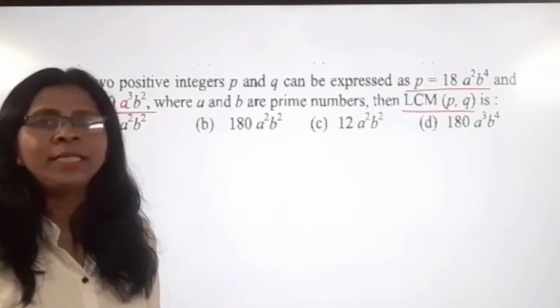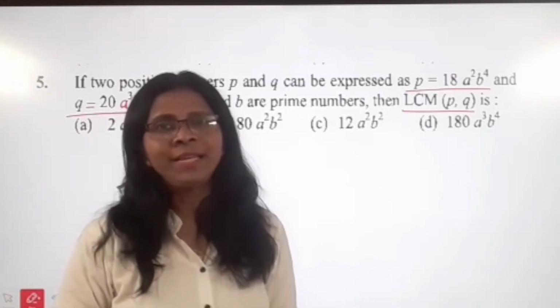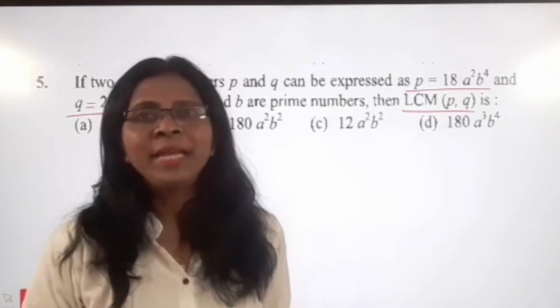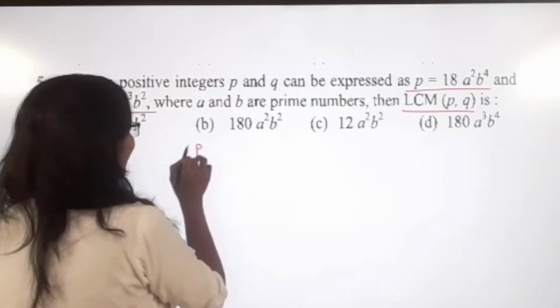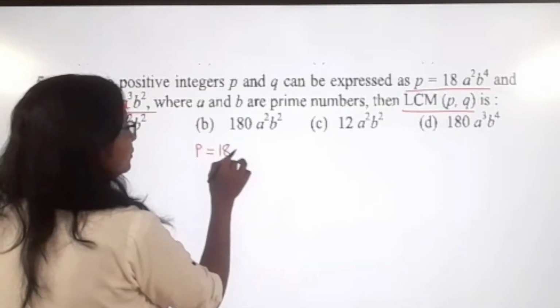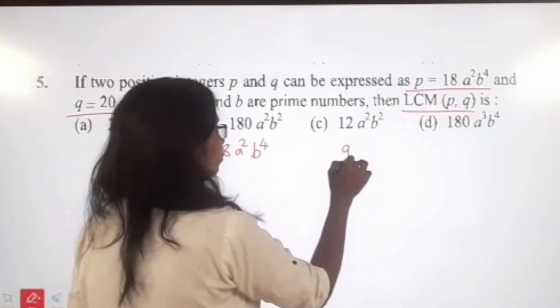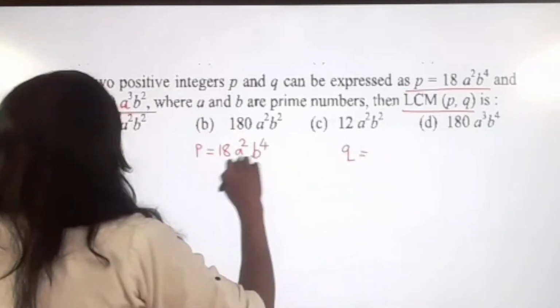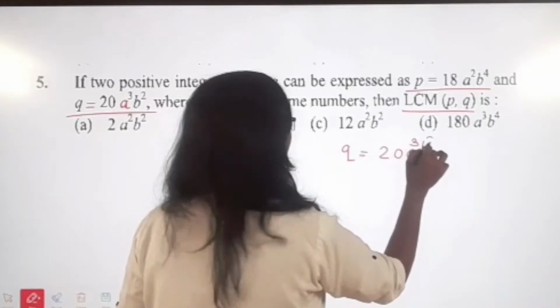We have to calculate the LCM of P and Q, and the P and Q values are given. Here the value of P is 18a square b raised to 4, and Q is 20a cube b square.